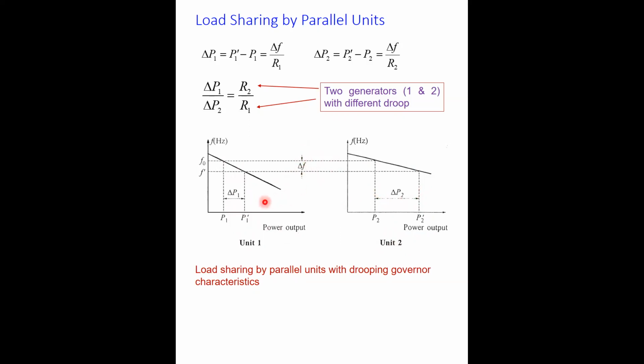So you can have the sharing of power between the two different generators, and that will depend upon the droop characteristic of each unit. You can see that the load sharing is inversely related to the droop.